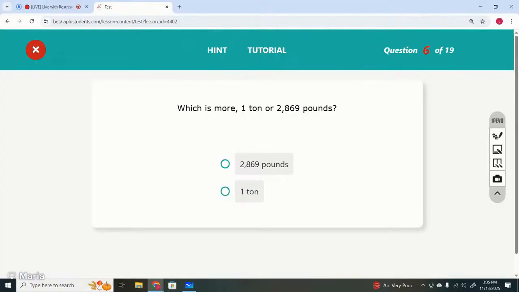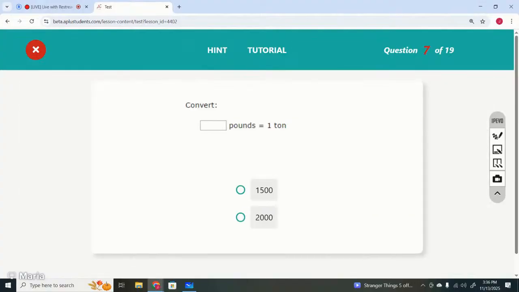Which is more, 1 ton or 2869 pounds? 1 ton is equal to 2000 pounds. So 2869 pounds. Option number 1 is the correct option.